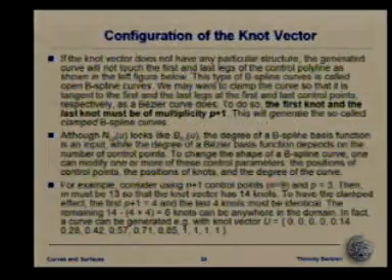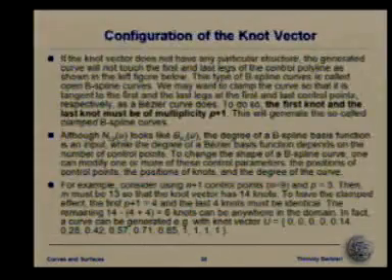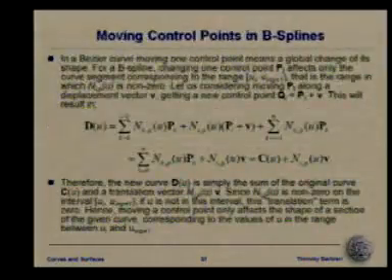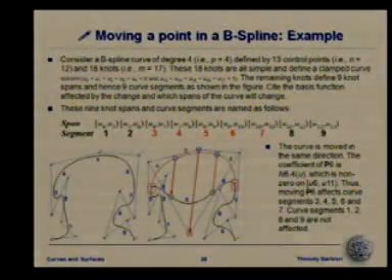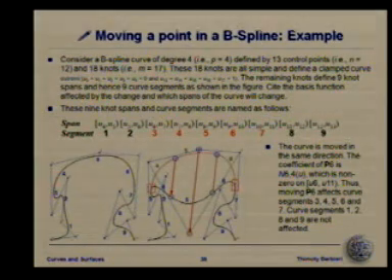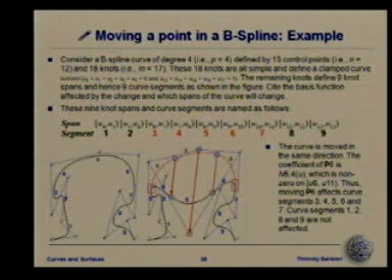What is the effect? The effect is that when you're moving a control point in a B-spline, you are not changing all the curve like happened in the Bezier curve. In the Bezier curve, that happened because the Bernstein polynomials were non-zero over the whole parameter range.